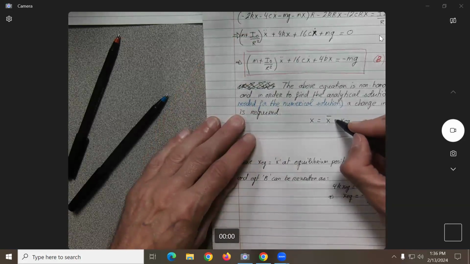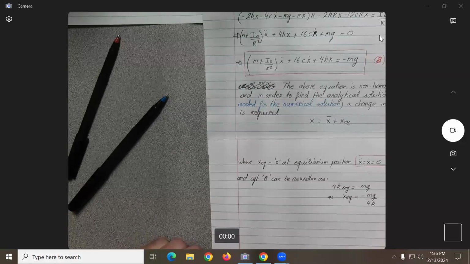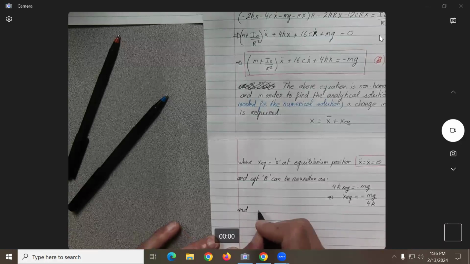Okay, so here put a plus sign. You will see what's going to happen. Okay, and x equal to x bar plus x equilibrium. We can write it as x equal to x bar minus mg over 4K.